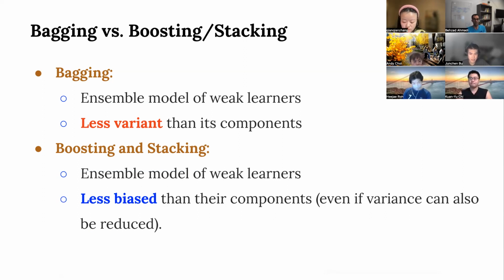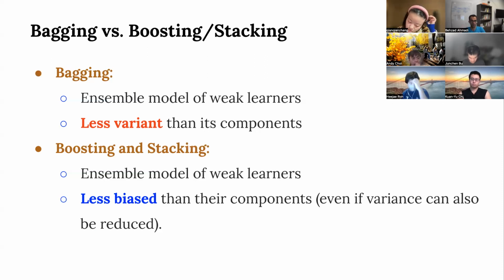So actually, that means that in bagging, you train multiple high variance models, and the ensemble happens to be less variant than each individual.